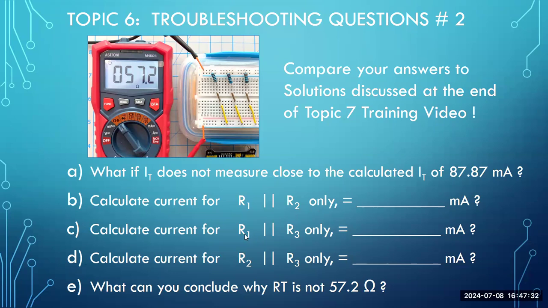Then you recalculate the current for R1 parallel with R3, meaning the R2 branch is defective and gone, so there's only these two left. You already calculated the ohms. Based on those ohms, what would the current be? And then you want to calculate the current for R2 and R3 being in parallel, R1 being defective or burnt out or misconnected, okay? So let's record this information and do the calculations and see where we end up in our calculations.